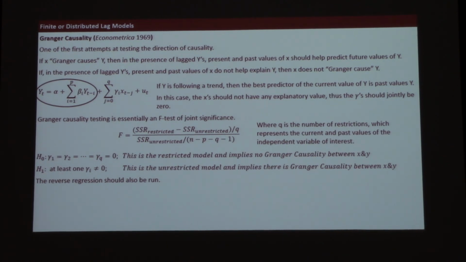At least one of those is not equal to 0. And this is an F test. It's a joint test of significance. That's it. If advertising exerts no influence, we fail to reject. If they do exert influence, then we'll reject that and conclude that, yeah, advertising actually has a positive effect.